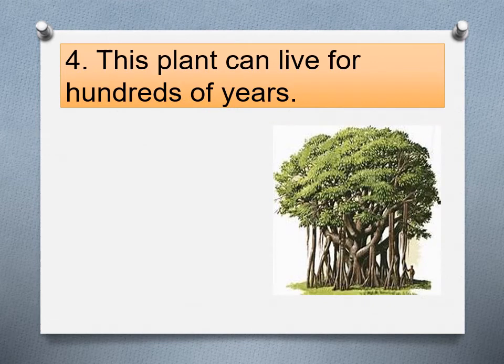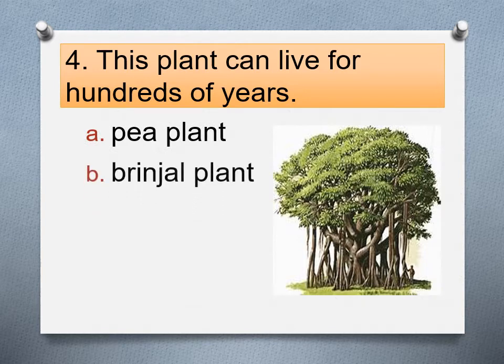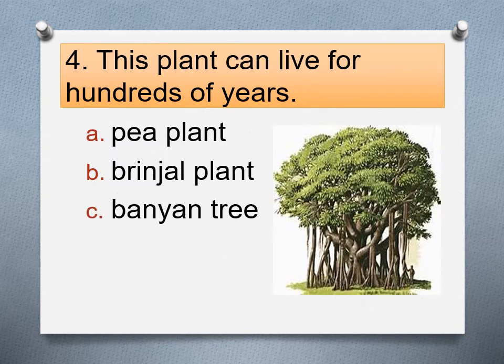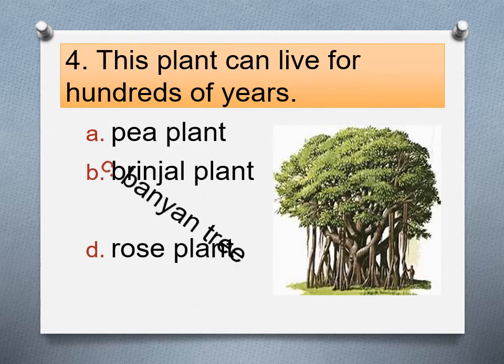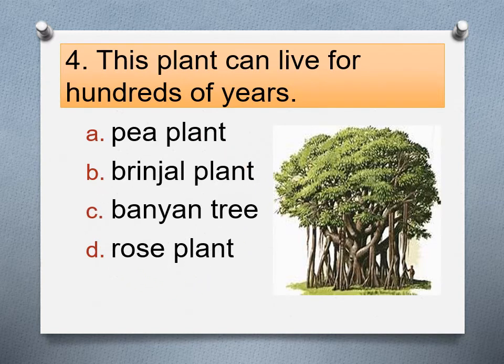Question 4. This plant can live for hundreds of years. A, pea plant. B, brinjal plant. C, banyan tree. D, rose plant. So which is the correct answer, children? Yes, it is banyan tree.